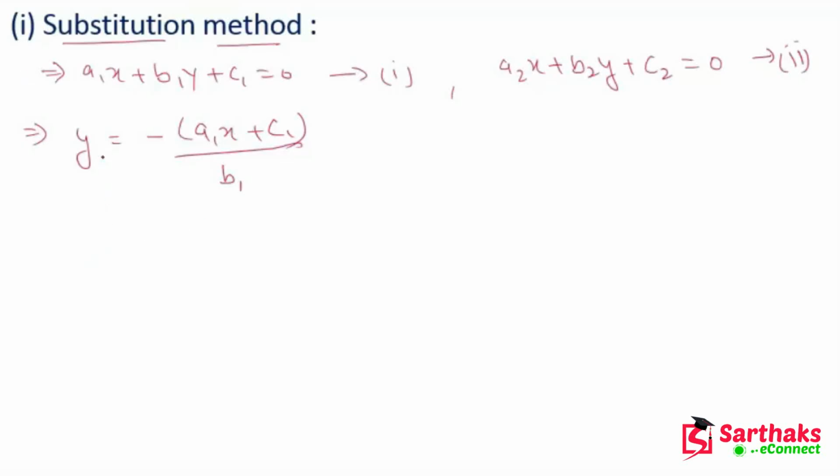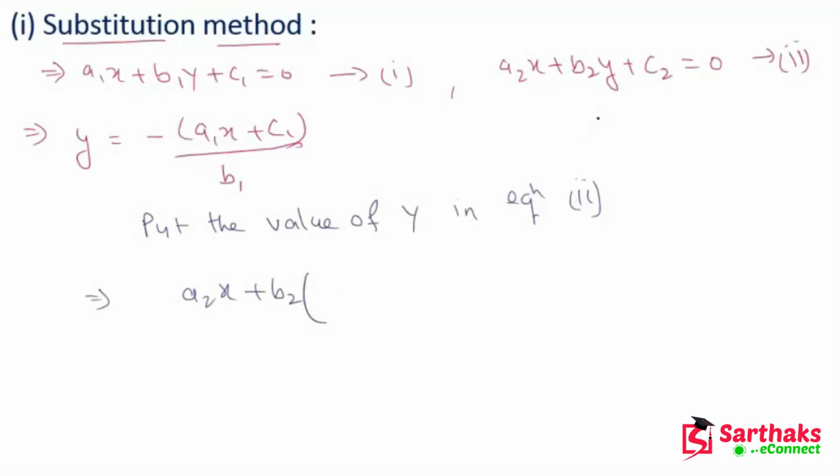Now put the value of y in the second equation. So the second equation will become a2x plus b2 into minus (a1x plus c1) divided by b1, plus c2 is equal to 0.